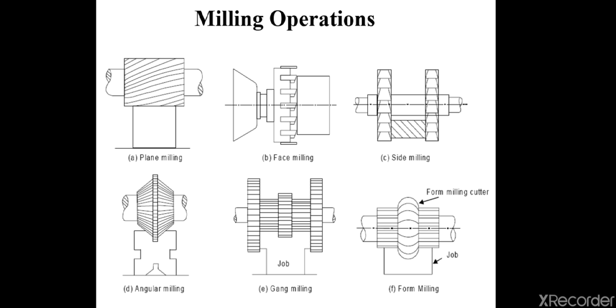The next operation is angular milling. See in figure D, it is shown that the angular milling operation. Angular milling is an operation of producing an angular surface. The bottom side of this figure shows the exact operation on the angular surface.